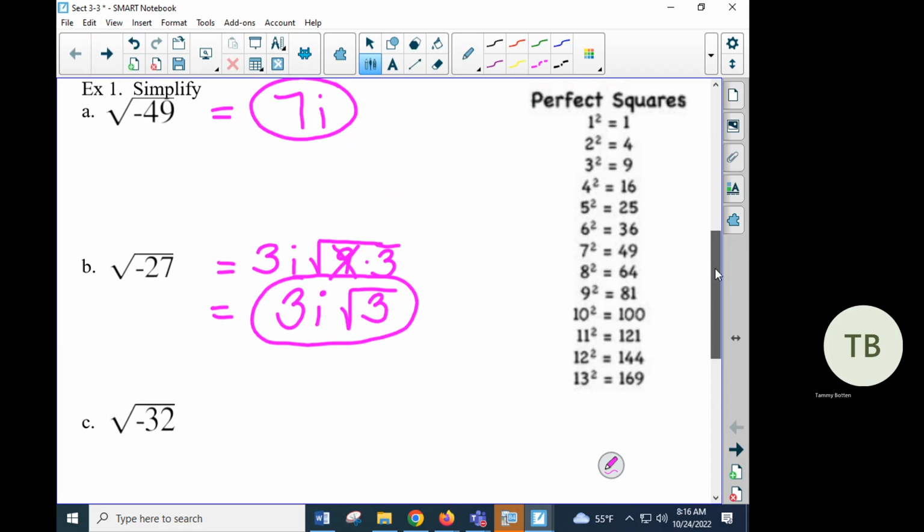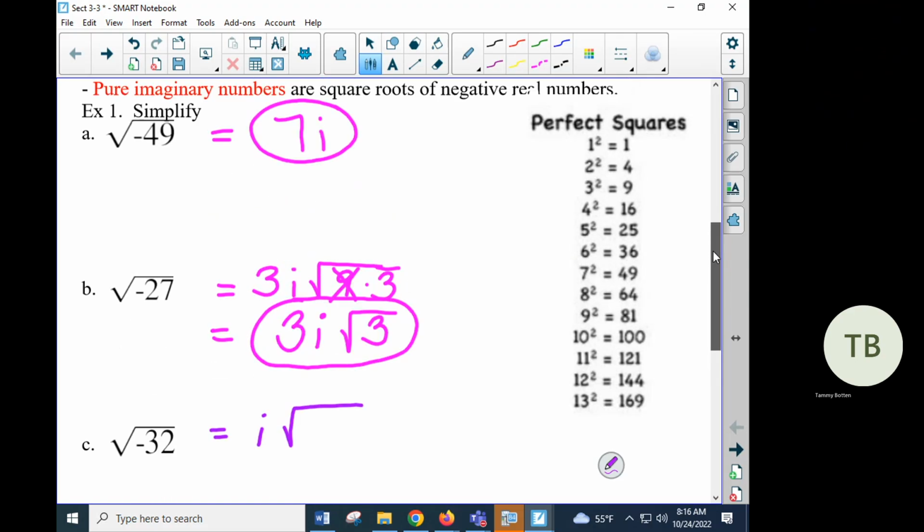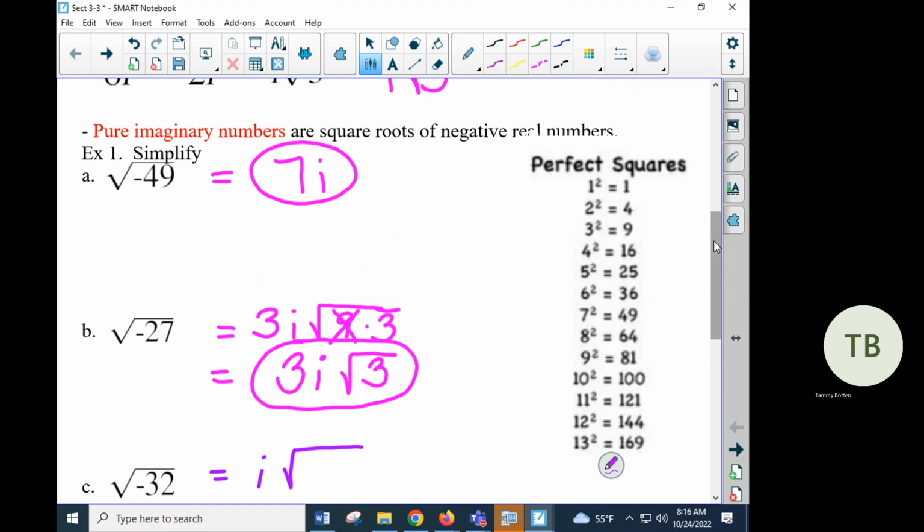And when we go down to C, again, right away, we know that we have to take an i out. And then we think of what is the biggest perfect square that goes into 32? So less than 32 would be 25. And if you took 32 divided by 25, you'd get a decimal. How about 32 divided by 16?